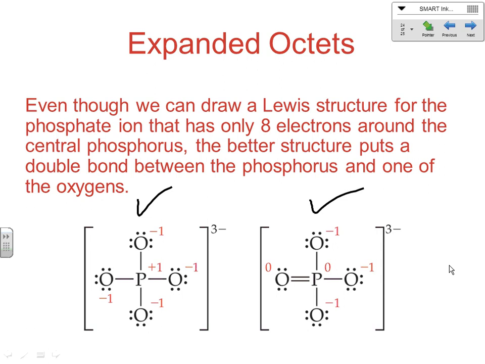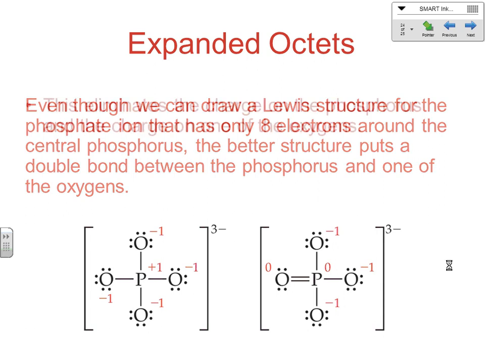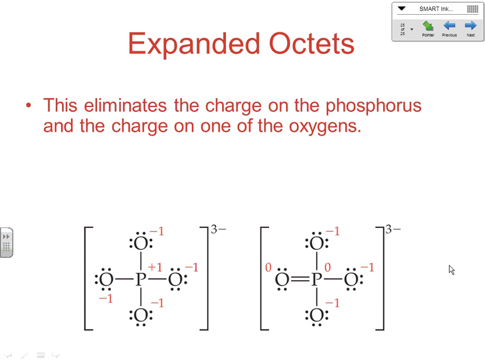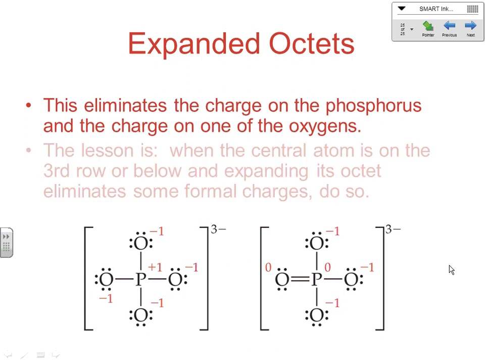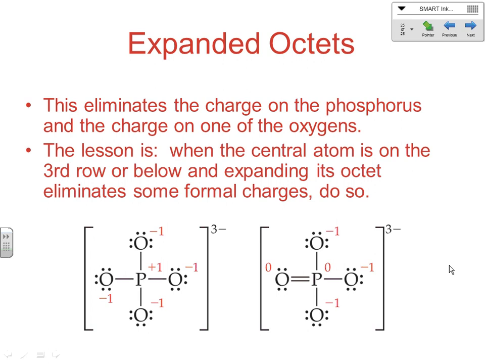Well, between these two, you'll notice the formal charge has been done. Which one gives us a better formal charge arrangement? Well, the one with the double bond does. So this eliminates the charge on the phosphorus and one of the oxygens, and we end up with a lower formal charge situation. So it's going to end up being more stable. So this would be a better way to write the phosphate anion.